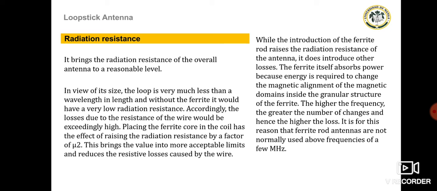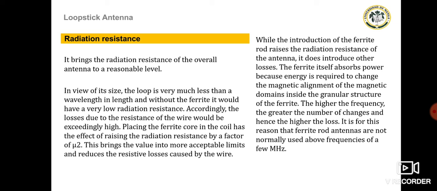The ferrite rod antenna can be considered as a very small loop antenna. In view of its size, the loop is very much less than a wavelength in length, and without the ferrite, it would have a very low radiation resistance. Accordingly, the losses due to the resistance of the wire would be exceedingly high.